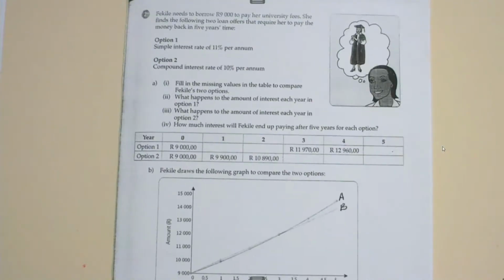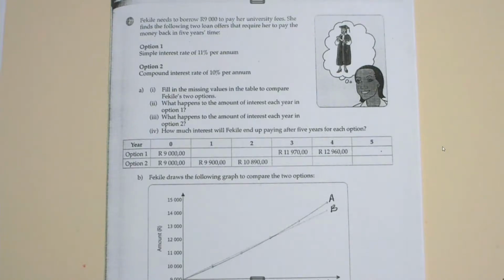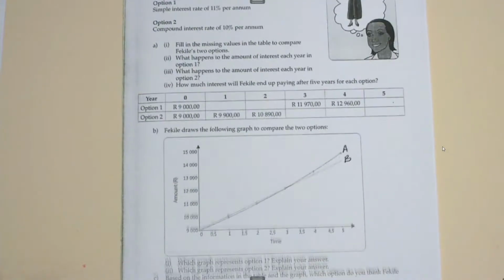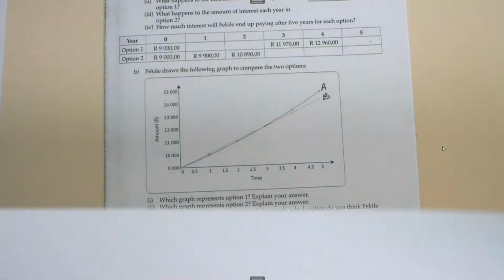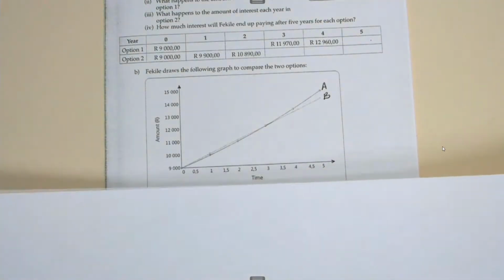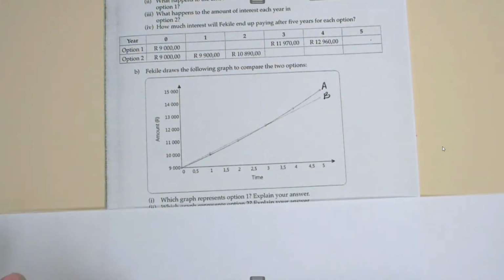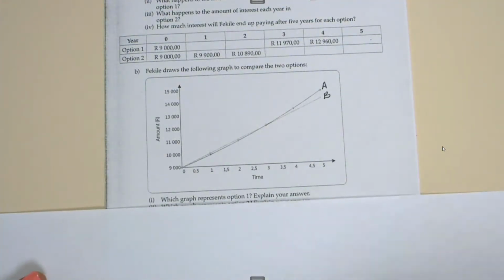So let's look at the questions. The question says, Fikile draws the following graphs to compare the two options. So question number 1 says, which graph represents option number 1?